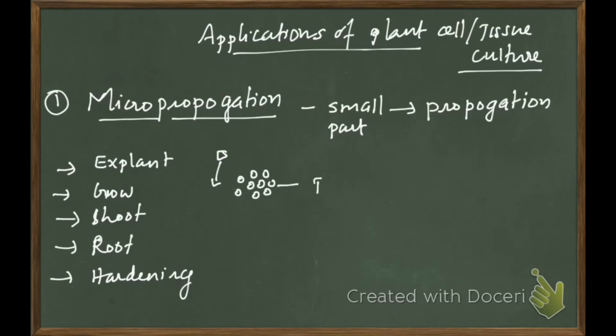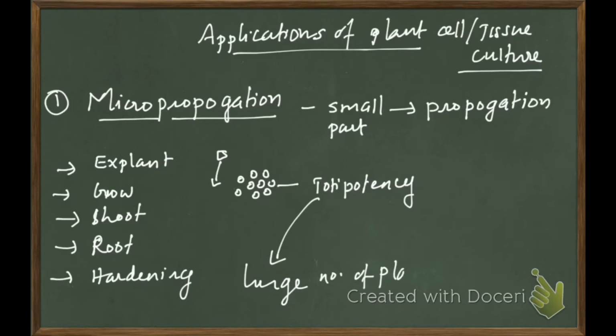Each cell has totipotency, so I can generate a huge number of plants by taking that small portion of the plant. This is known as micropropagation. This will help us to get clones. Clones in the sense genetically identical population we can grow from this.